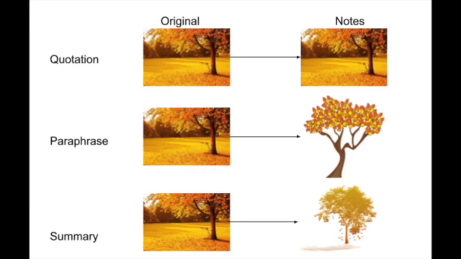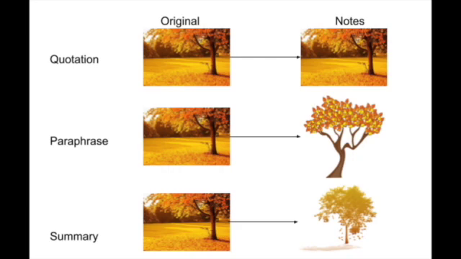You might see a sentence in the text that describes the yellow tree and the field around it, and your sentence has details about the yellow tree, but in your own words. For a summary, you would have even fewer of the details, but still be discussing the big concept. So if you had an entire paragraph that described the autumn season, yellow leaves on the tree, position of the tree, and the yellow leaves all around it, then you would just summarize the basic concept of the scene described in a sentence with your own words.